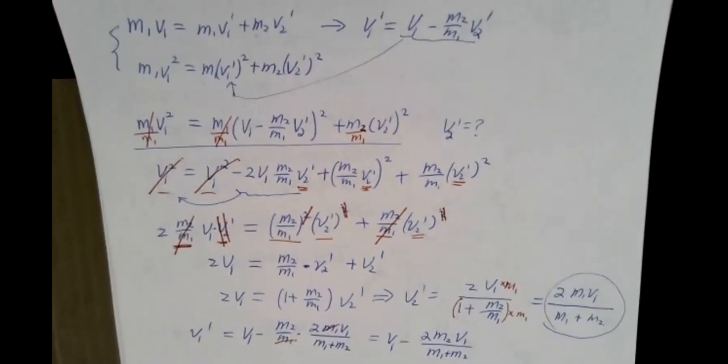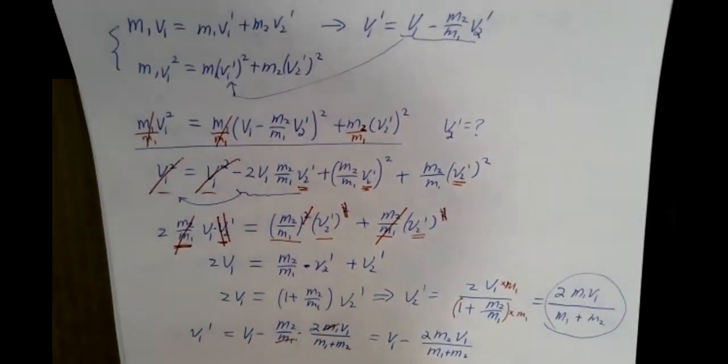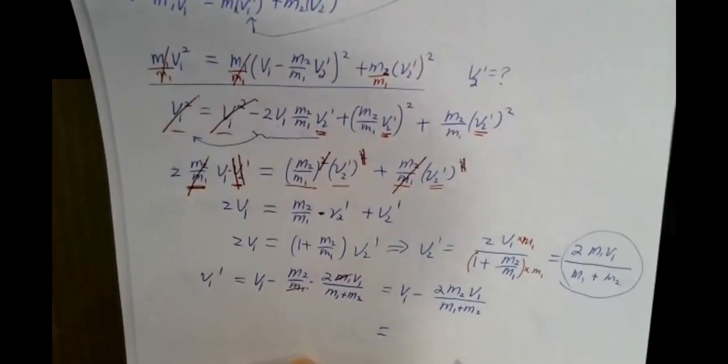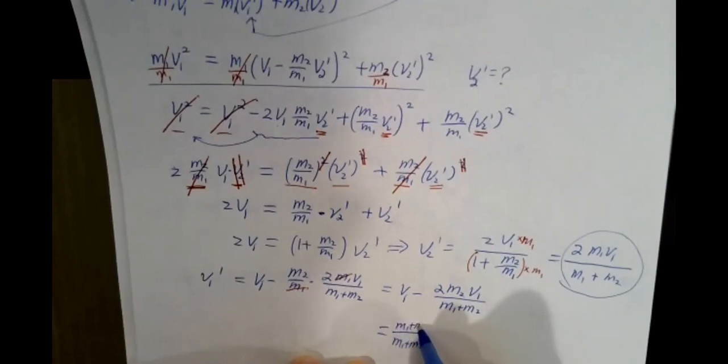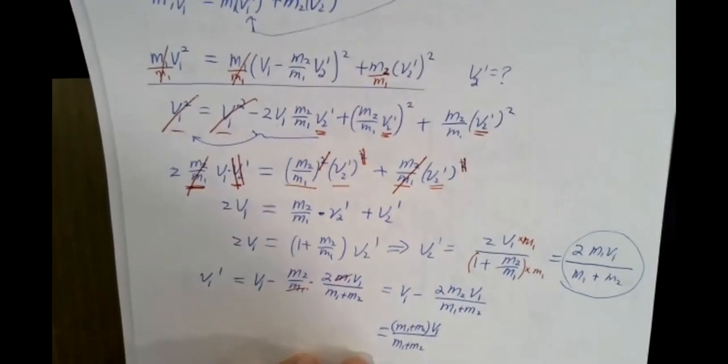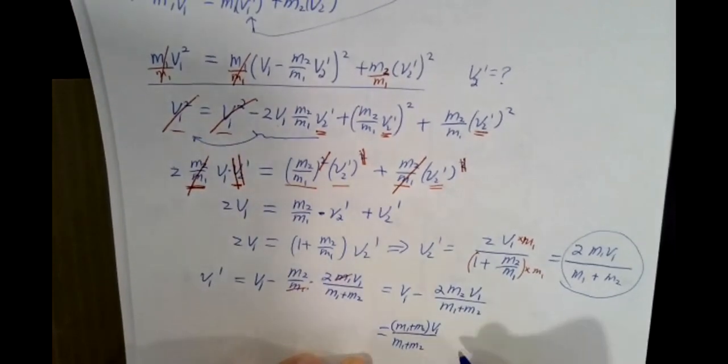Okay. Now you can rewrite this term here over here. You can do m1 plus m2 over m1 plus m2, right? This is basically giving you 1 multiplied by v1. So this is the first term. Okay. Just put that in that form and then minus the second term, m1 plus m2 over 2 times m2 v1. Okay.